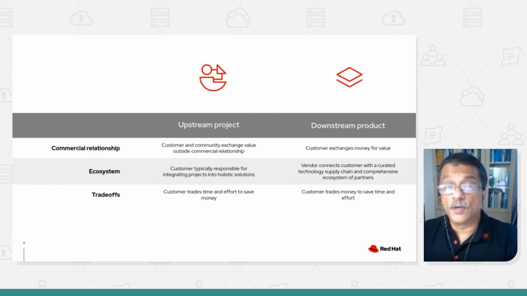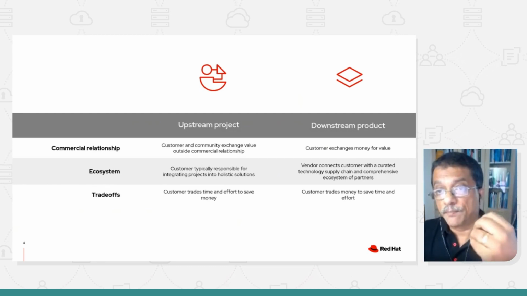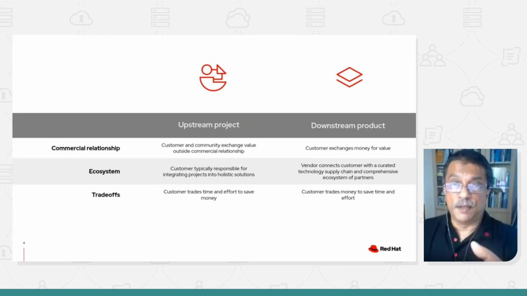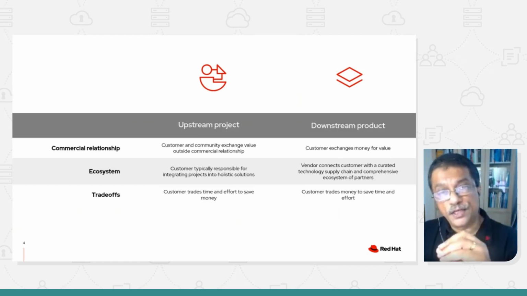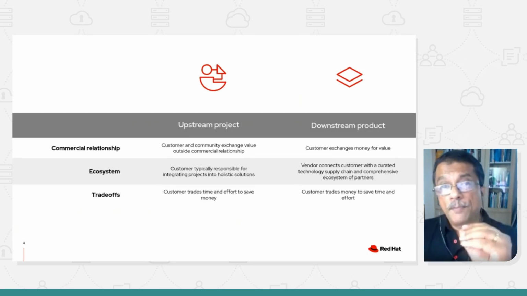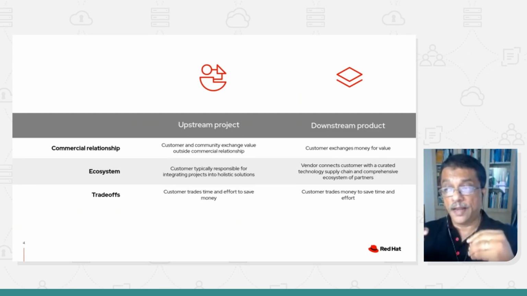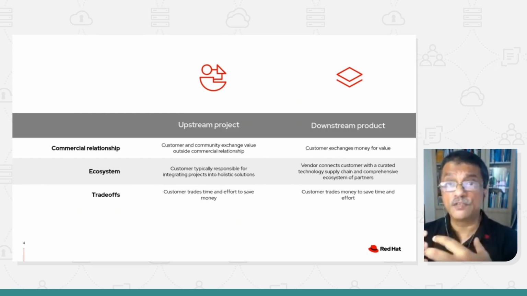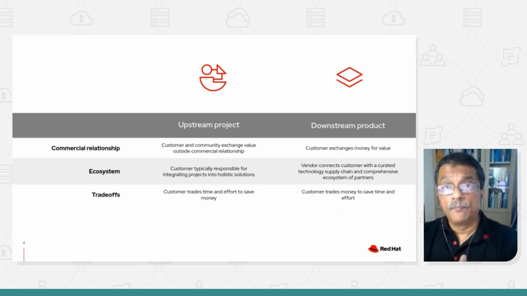The last one is about trade-offs. Now, this is where a lot of organizations trip over themselves because they don't fully appreciate it until they are into a particular project, consuming a particular project for that matter. What happens when you try to get engaged in an open source project, which is fairly complex?